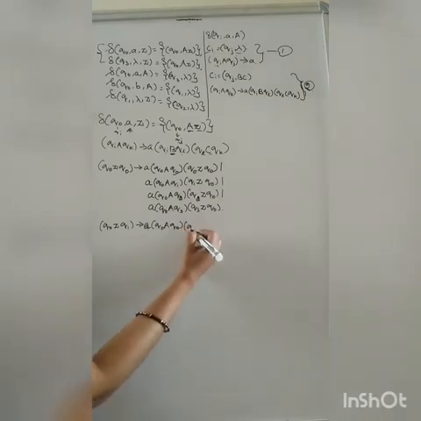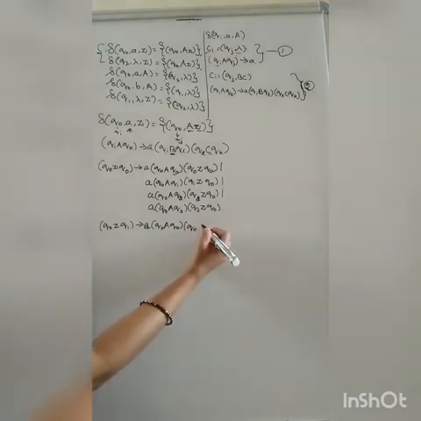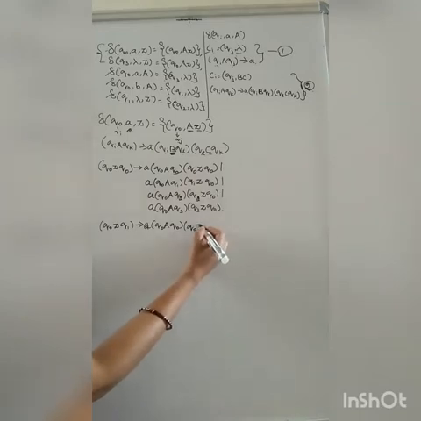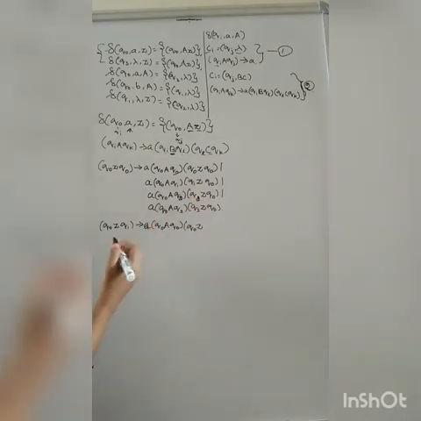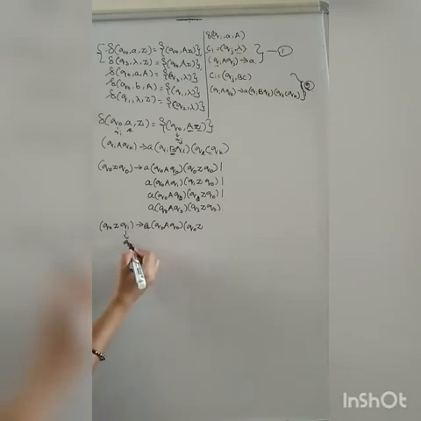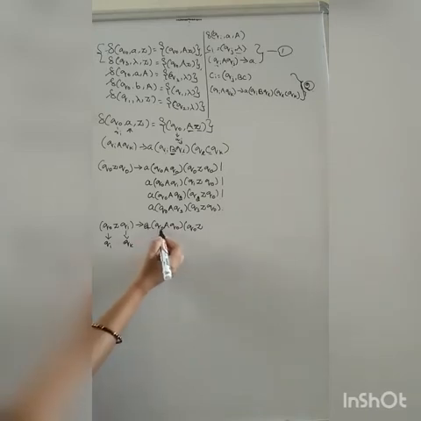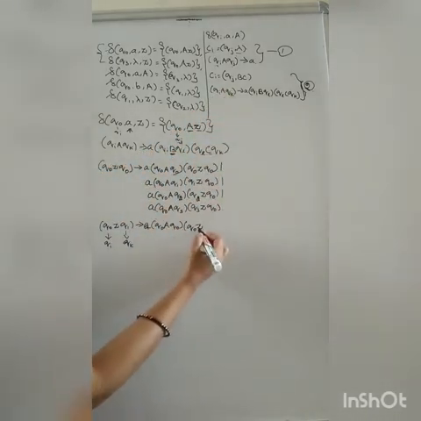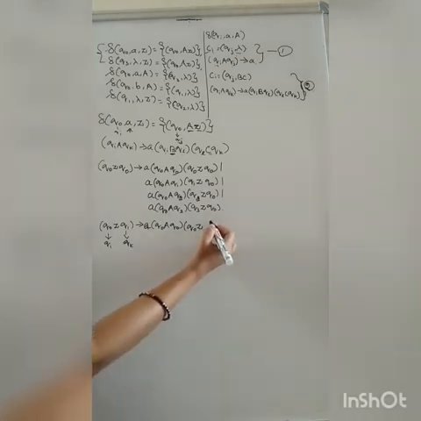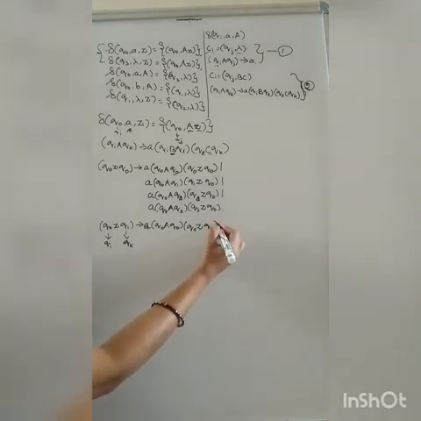Here q0 we have to write z. Here the qk is q1. This is qi, so we are substituting here. That's why we are getting q0 and then q1.